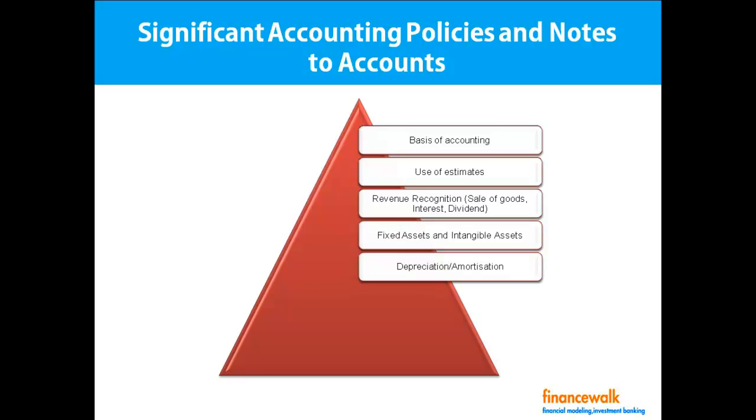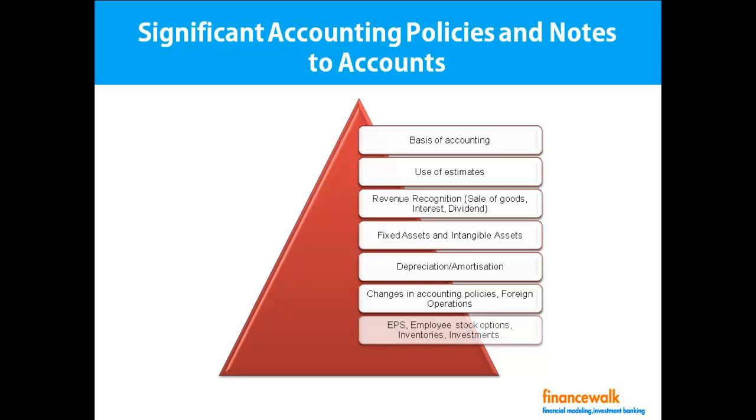Then we need to check depreciation and amortization policies, changes in accounting policies, foreign operations, and EPS, earning per share, then employee stock options, and inventories and investments. So we need to check the significant accounting policies about these variables.